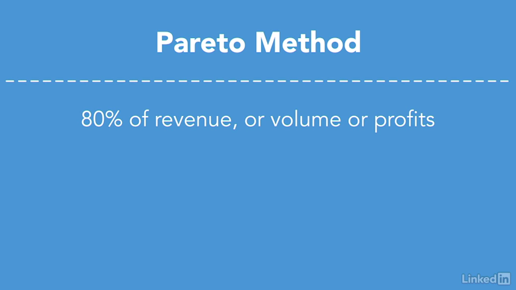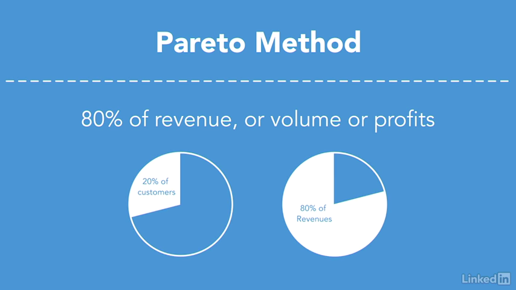The Pareto method says that you focus on the customers that bring you 80% of your most important metric. In many businesses, this often comes down to about 20% of your customers generating 80% of your revenues or volume or profits.